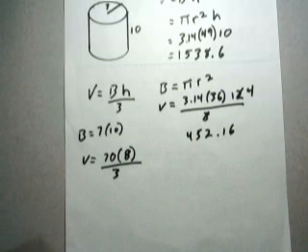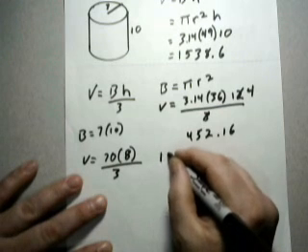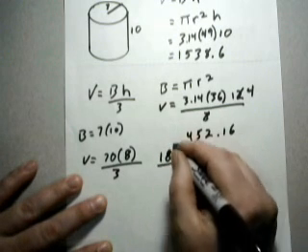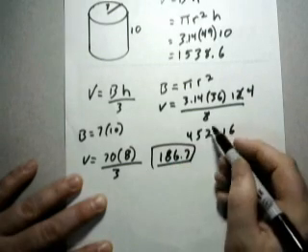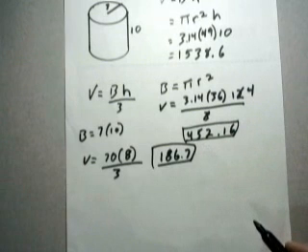No quick canceling here, so I'll just leave it like that. Fraction bar, 70 times 8 in the numerator and 3 in the denominator gives me 186.7. There's our pyramid, and there's our cone.